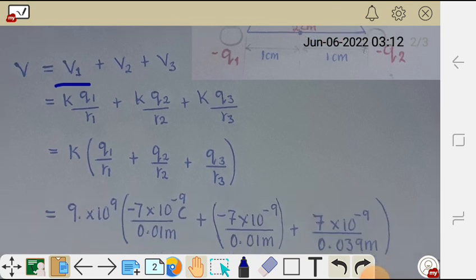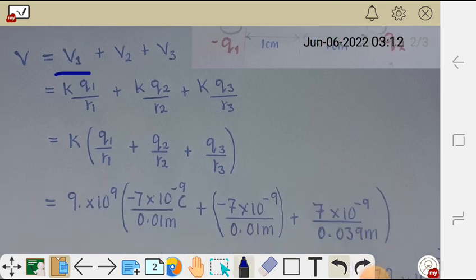From here you simply factor out K, and you remain with Q1 over R1 plus Q2 over R2 plus Q3 over R3. We know that K is a constant, 9 times 10 to the power 9.